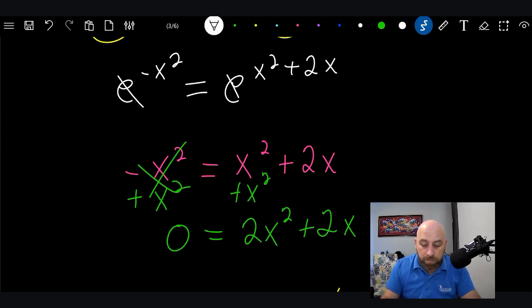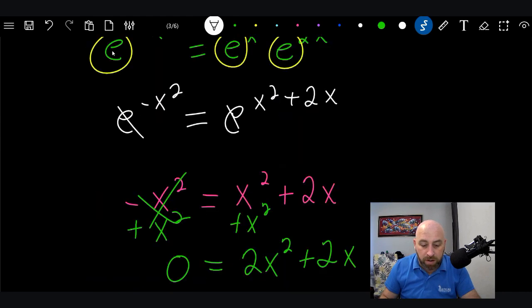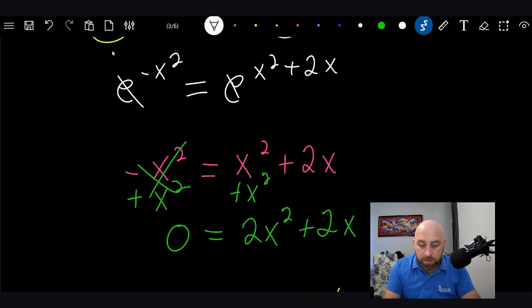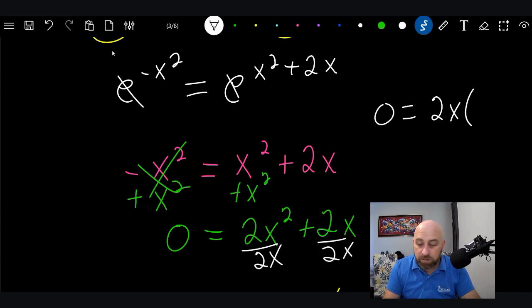So I'll come back up here because I'm almost running into my next problem. So I'll come up here and we'll get 0 equals 2x, that factored out. And then what's left? So if we take our 2x and we divide everything, we end up with x plus 1. Okay. Well, then when we solve this out, we remember zero factor says we set each equal to 0.